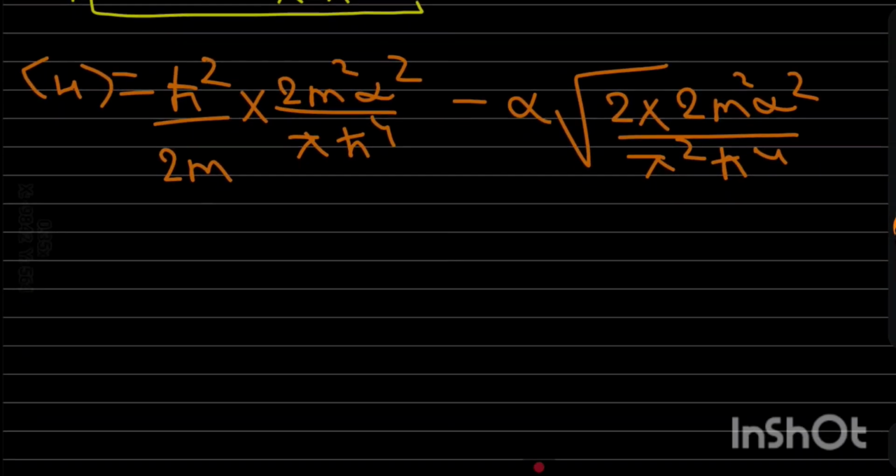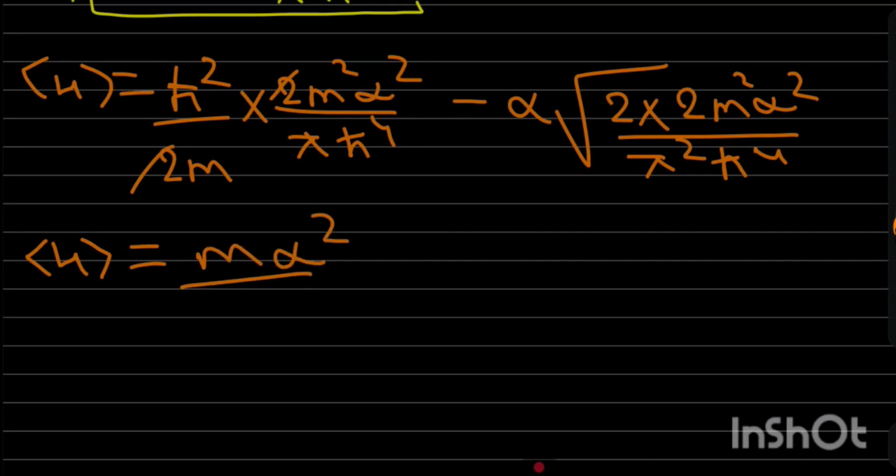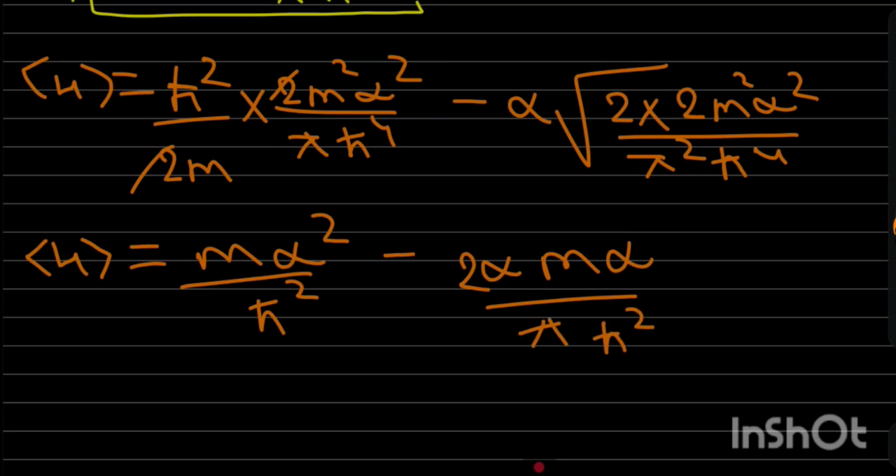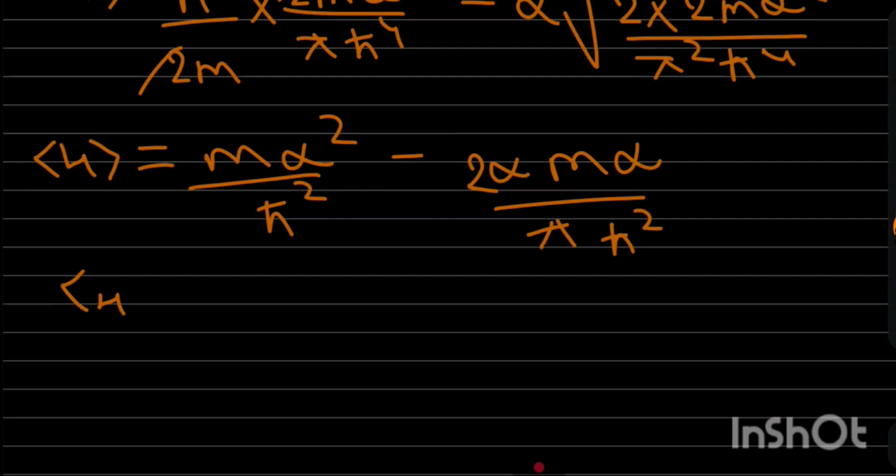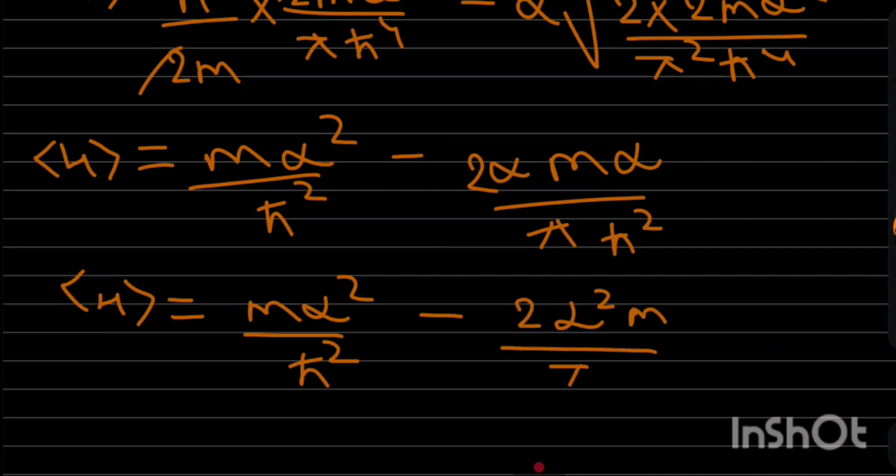Now if you do this, H equals 2 and 2 will cut out, this and this will cut out, you have mα² divided by ħ², and minus 2α²m divided by πħ².